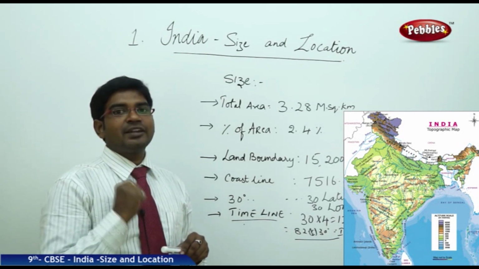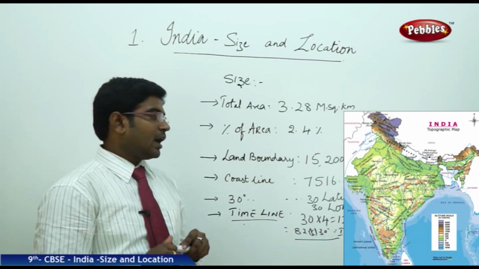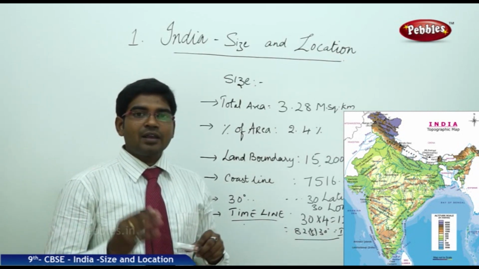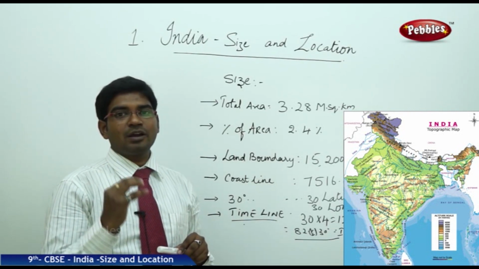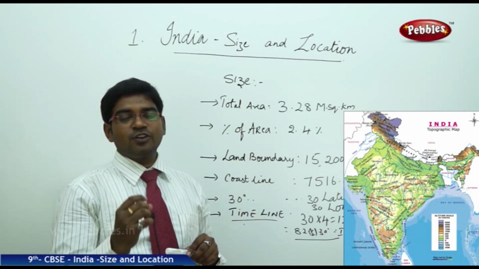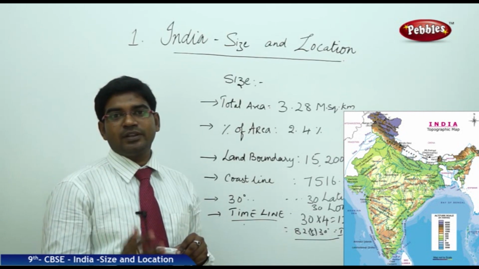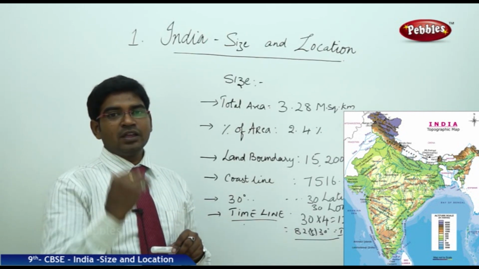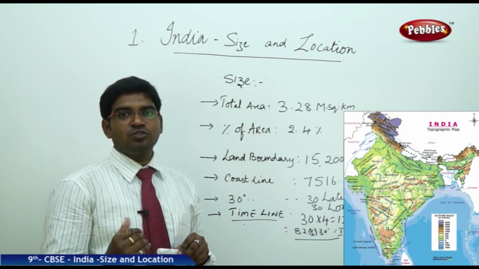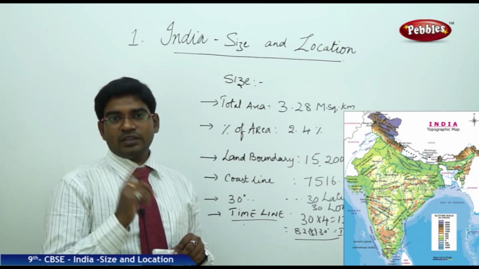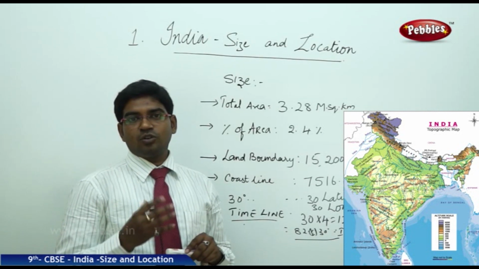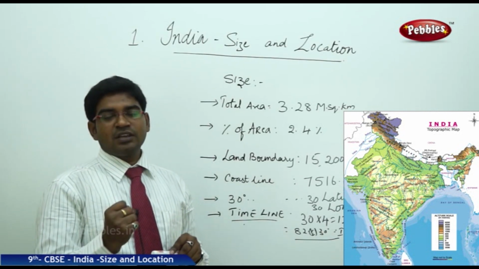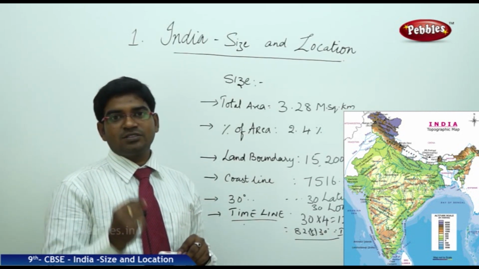Longitudes converge at the poles, so the distance between the longitudes is comparatively less, while the distance between the latitudes is equal and equidistant. That is the reason why from north to south you find more land when compared to east to west.